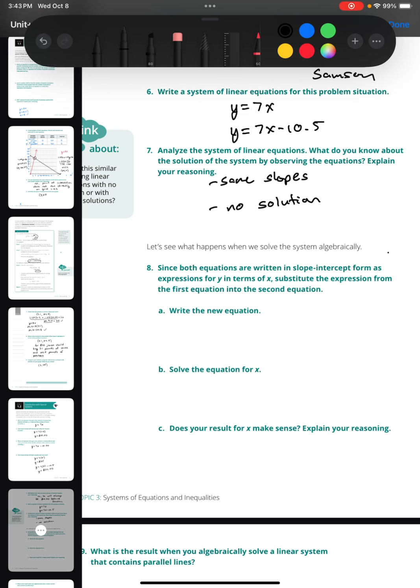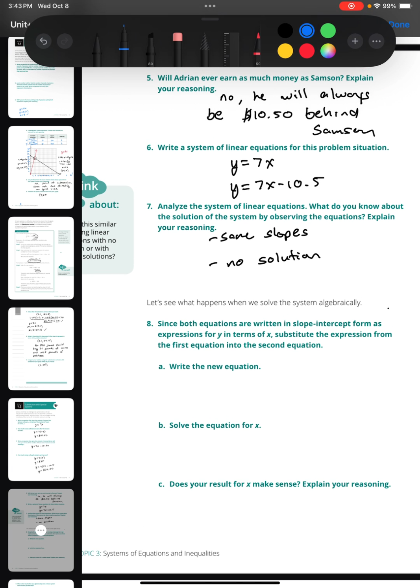Since both of them are written in slope-intercept form, we can substitute one expression for the first equation into the second equation. In other words, I'm going to plug in 7x for the y. So we have 7x equals 7x minus 10.5. If we were to try to solve that and subtract 7x, we're going to end up with 0 equals negative 10.5. Well, that's not true.